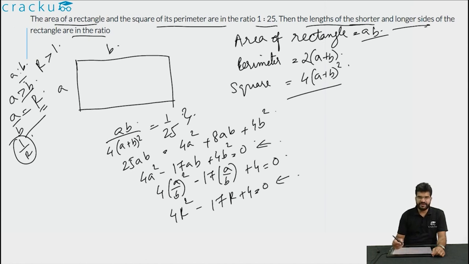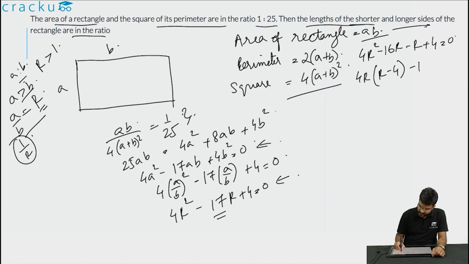This is a simple quadratic equation in R. You can solve for R and then you can get the answer. In this case, we can factorize this as 4R square minus 16R minus R plus 4 is equal to 0, or 4R into R minus 4 minus 1 into R minus 4 is equal to 0. So this will be 4R minus 1 into R minus 4 is equal to 0.